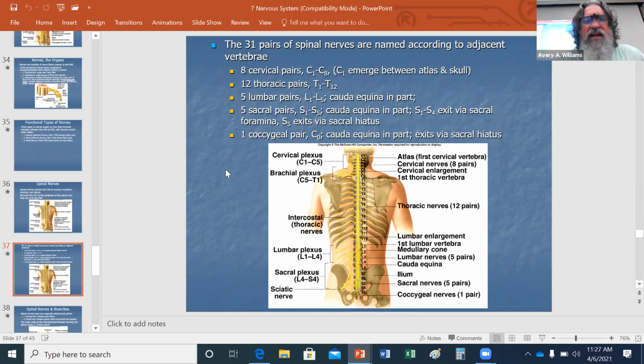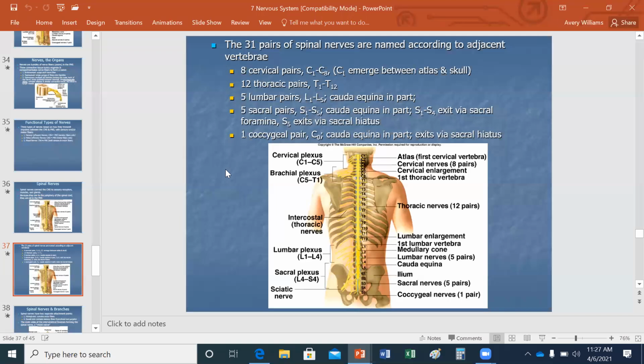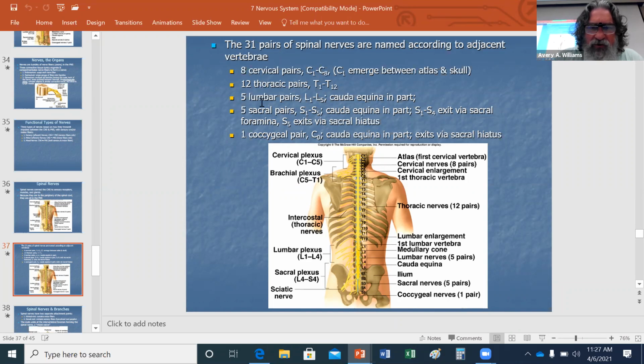It's 8, 12. Now, remember the vertebrae? You get 5 different types of vertebrae: cervical, thoracic, lumbar, sacral, and coccygeal. And then you get 5 groups of spinal nerves, and they're all associated with those vertebrae.